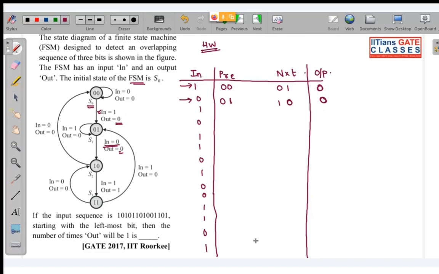First I want you to try it this way, and in the next class I am going to discuss the finite state machine. Is this clear to everyone, how to solve this question? Tell me yes or no.